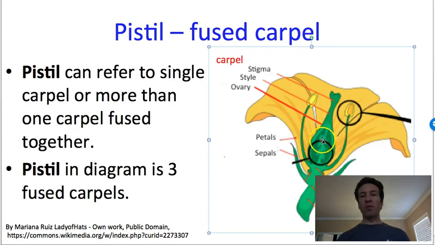So if there's multiple parts down here and 3 lobes on the stigma, that tells us that this pistil is actually formed out of probably 3 different carpels. So the 3 different carpels are attached to each other on this middle seam. There's probably one in the back here that we can't see because it's behind these 2, and each one has its own stigma lobe. The 3 of them together are the pistil, and each one of the subsections is a carpel.